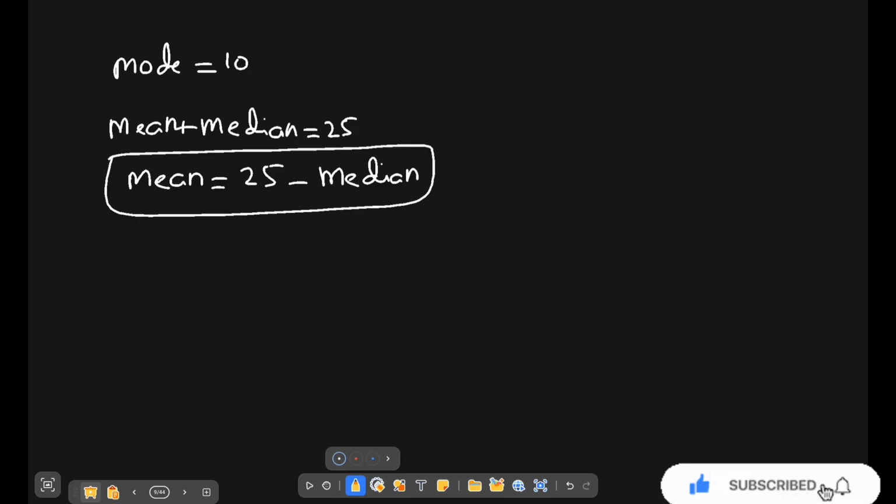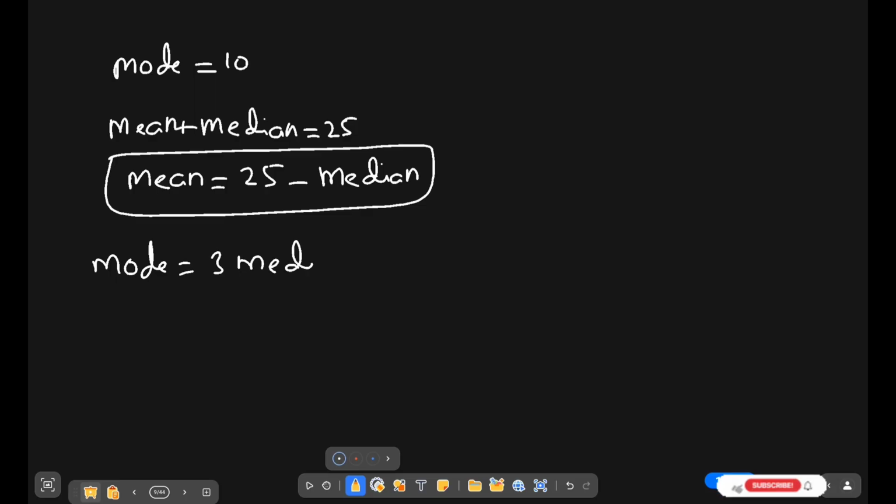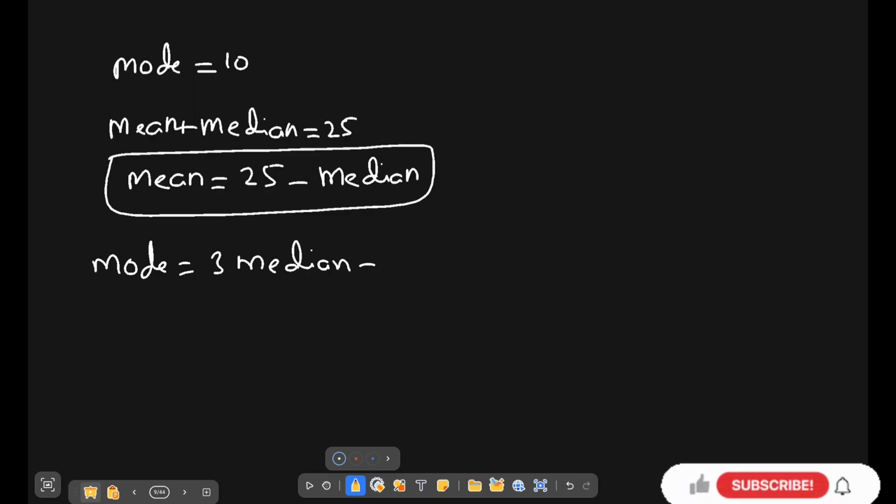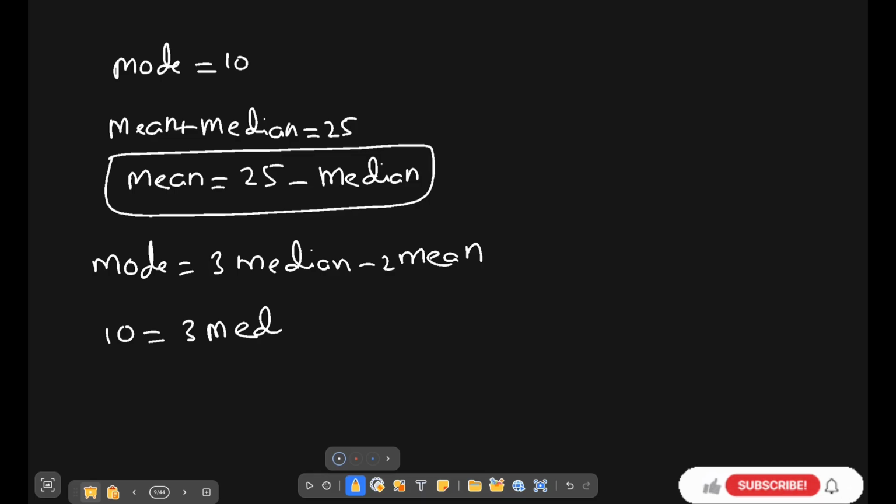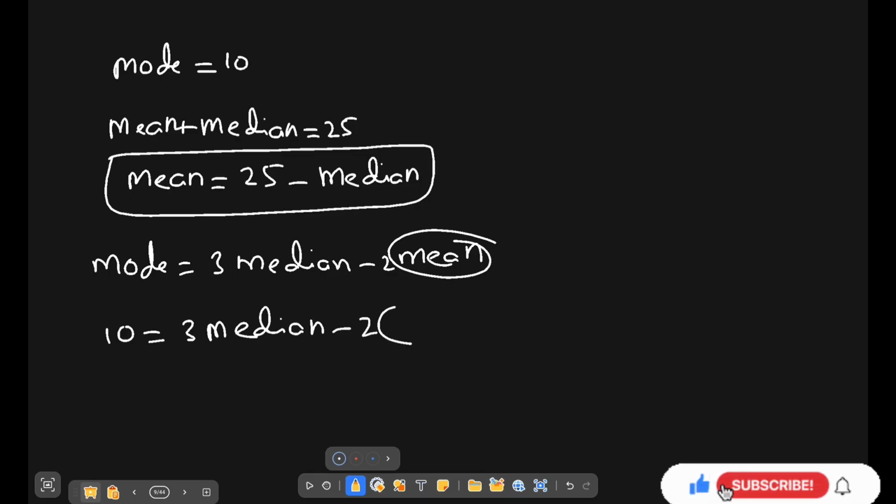Okay. Now what is the relation between these three things? Mode is equal to 3 median minus 2 mean. Right. So let's substitute the values here. Mode is 10, equals 3 median minus 2, and in place of mean, you can write 25 minus median.